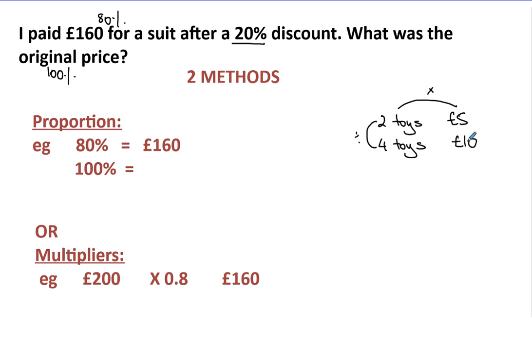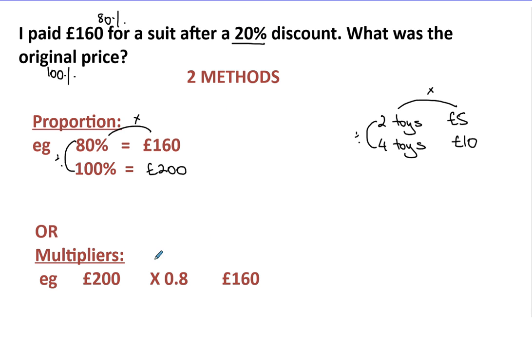And you can see the rhythm there. That divided by that times that. It's just so flexible, and it works so well regardless of what you're asked, whether you're asked to find the original price, whether you're asked to find the discount.